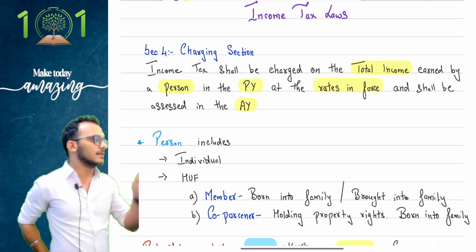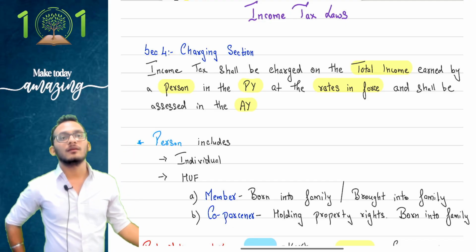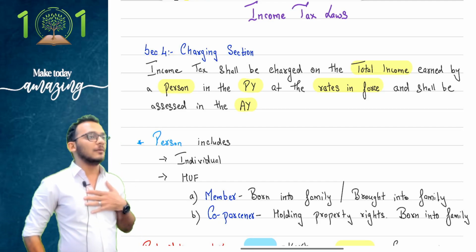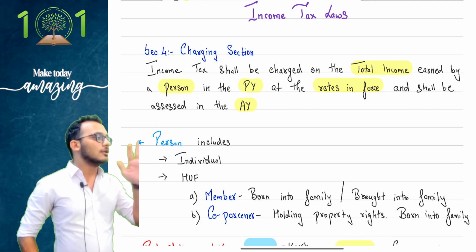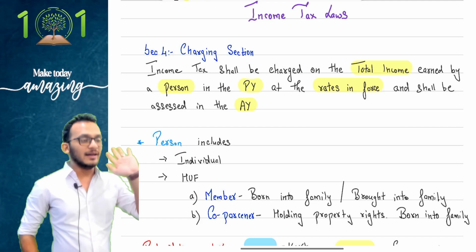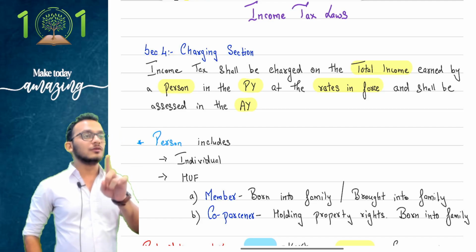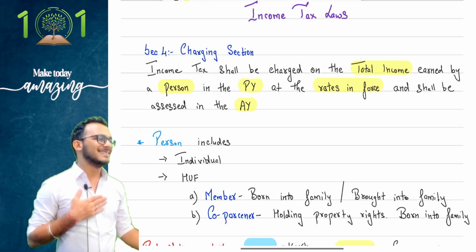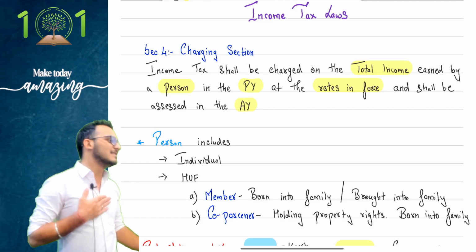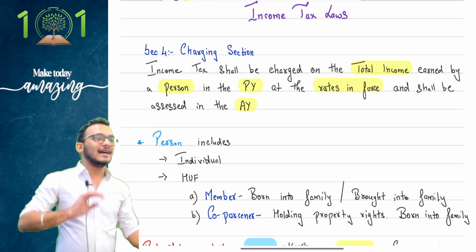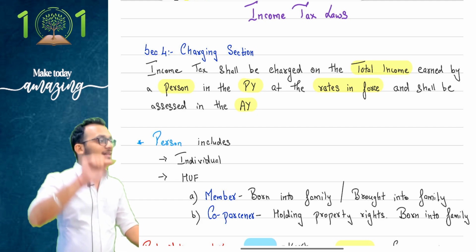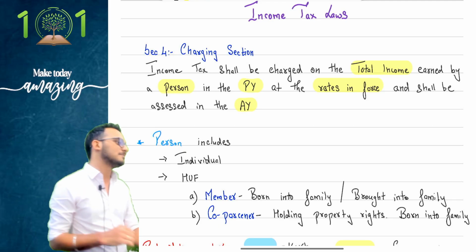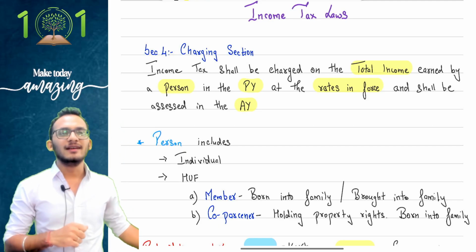Income tax only works in financial year terms, which means I am talking about data from 1st April 2025 to 31st March 2026 as my previous year, for which I will pay tax from 1st April 2026 to 31st March 2027. Very good. That is what the understanding is. Any doubts on this part?